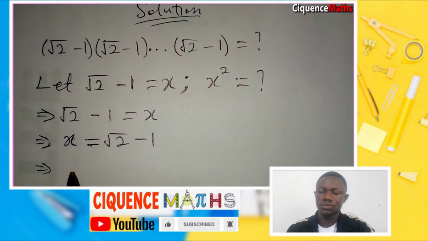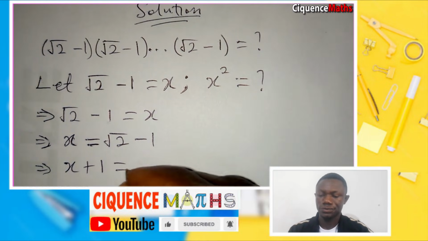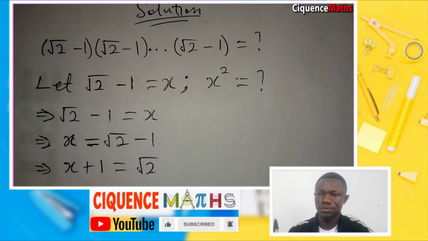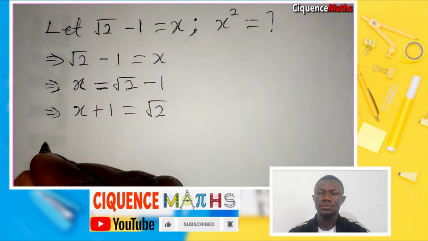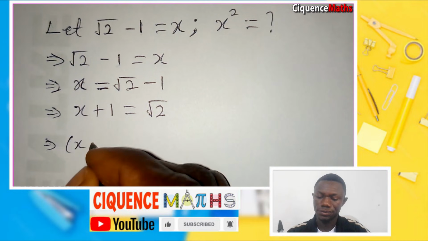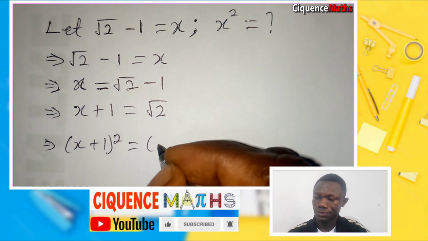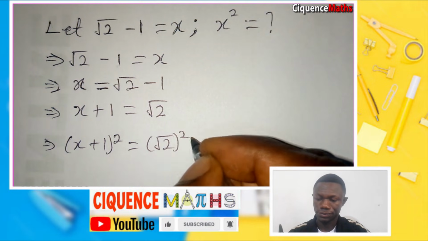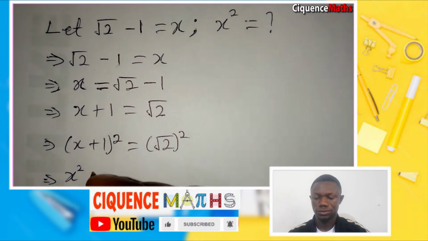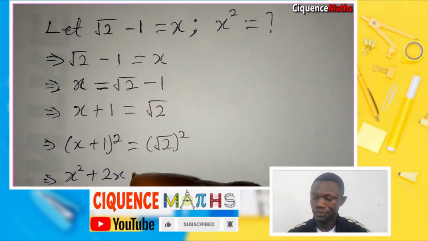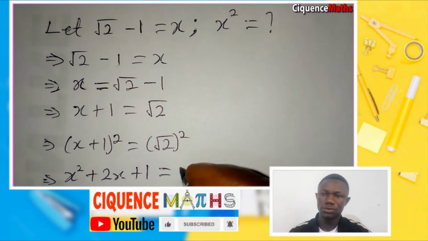To eliminate the radical sign, we have x plus 1 equal to root 2. To take away the root sign, we take square on both sides. So we have (x plus 1) squared equal to root 2 squared. This gives us x square plus 2x plus 1 equal to 2, since the square takes away the root sign.